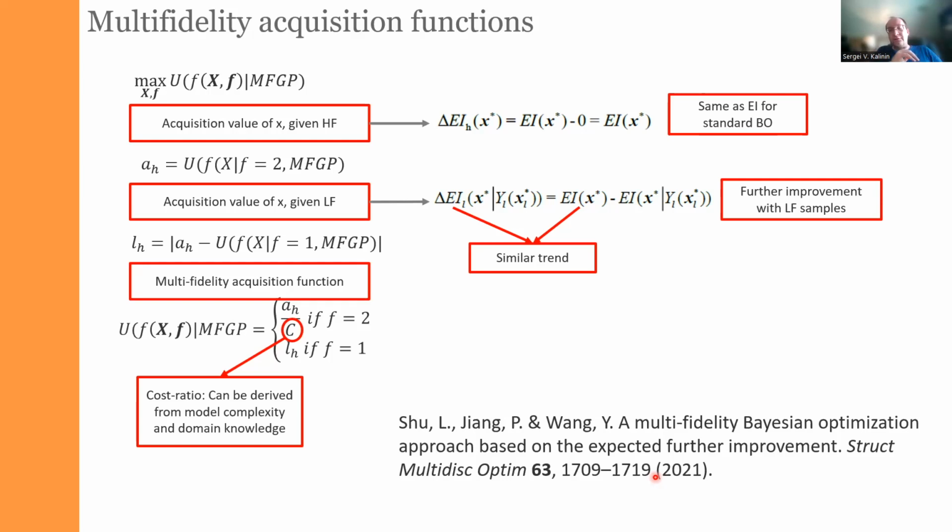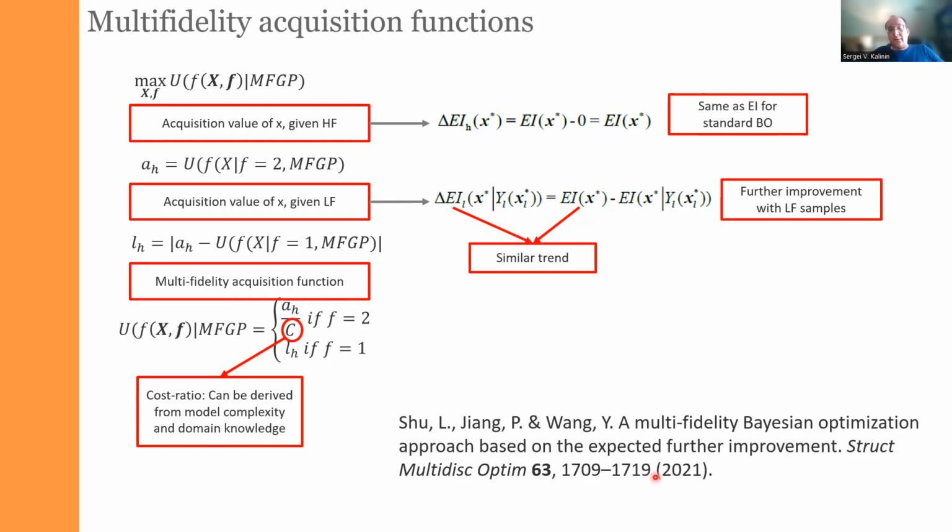If cheap function and expensive function cost the same amount of money or time or whatever, we of course are going to measure the expensive function because that's what we want to discover. If, however, the cheap function is cheaper, then we need to somehow balance, make a decision when we do the expensive measurement, when we do the cheap measurement.